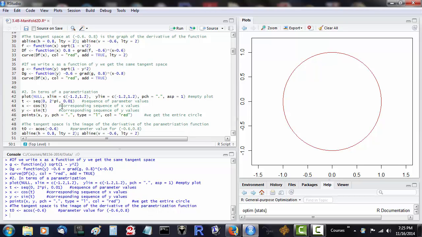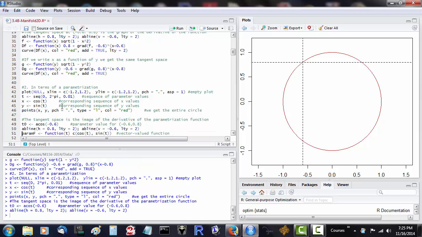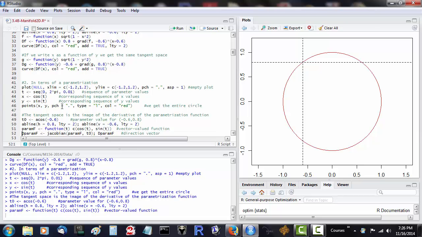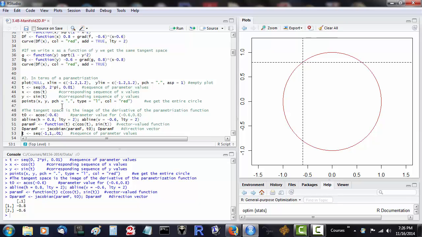I need the parameter value that will give us the same point where I plotted the tangent line before. Let me mark that point, and now let me define our parameter function. It produces a two-component vector whose components are cosine t and sine t, and I can ask for its Jacobian. When I look at that, I get a direction vector.